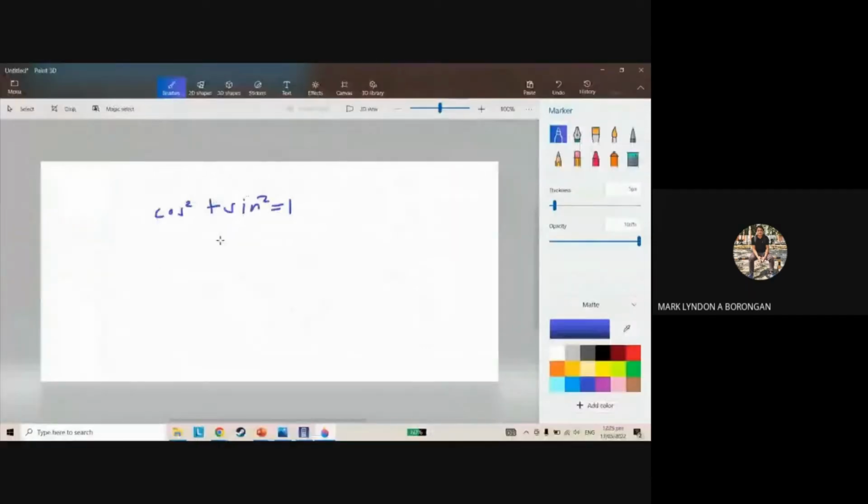We transpose the sine squared to the other side, so cosine squared is equal to 1 minus sine squared. Then get the square root of both sides, and you'll get cosine is equal to the square root of 1 minus sine squared.